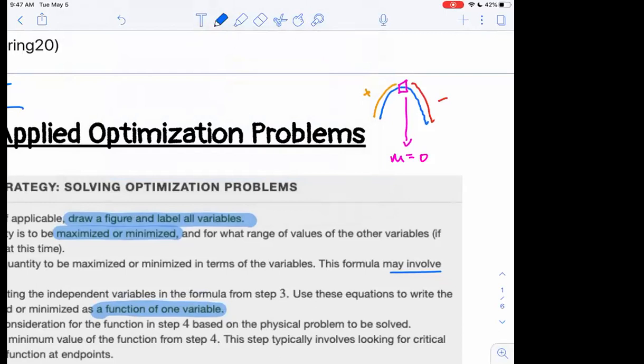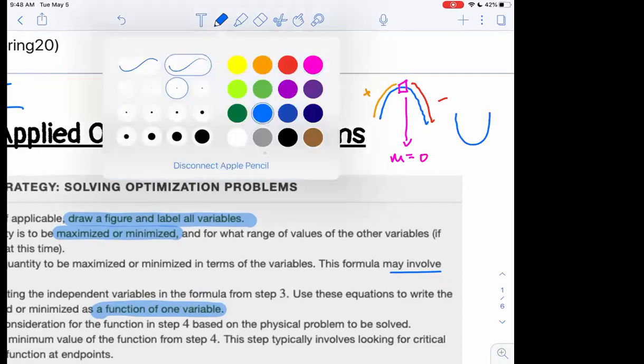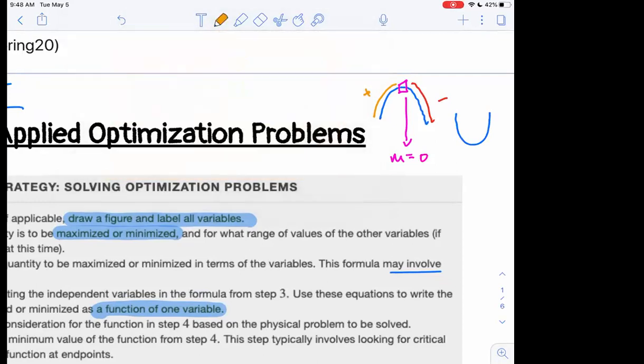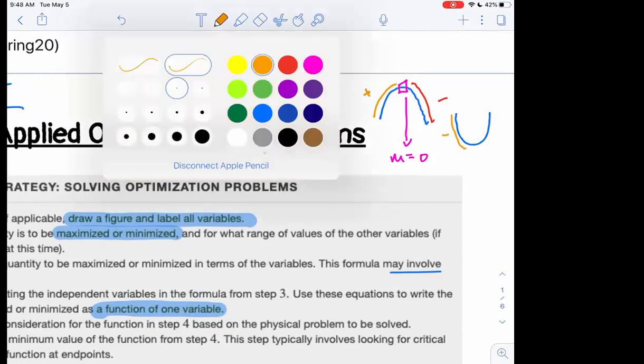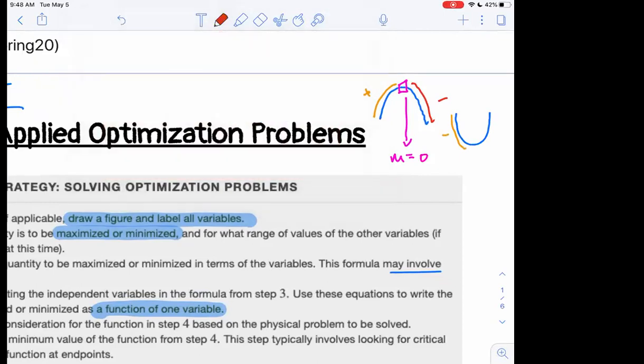Now, if I were to squeeze a separate picture in here and have a situation where I have a minimum point, I bet you could all tell me that the slope on the left-hand side is negative, and that the slope on the right-hand side is positive, and that the slope right at the bottom is going to be 0, okay?